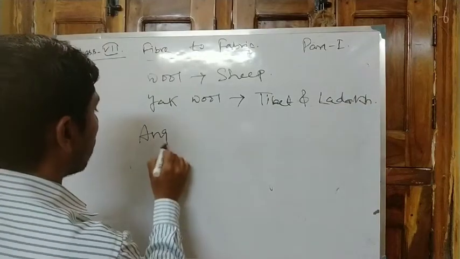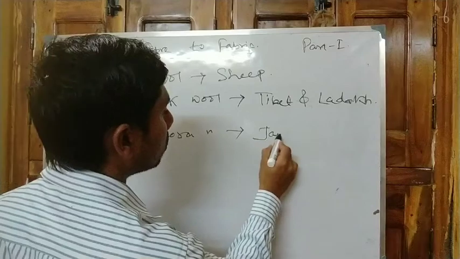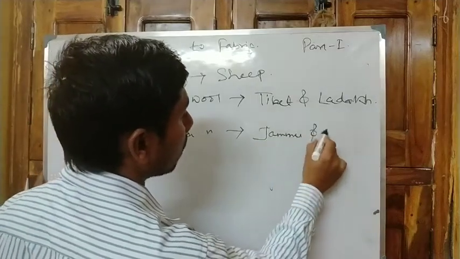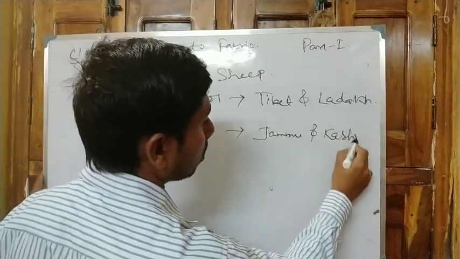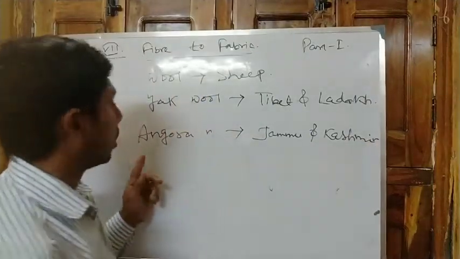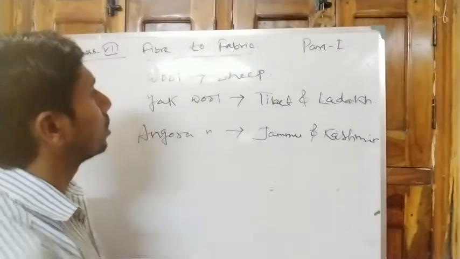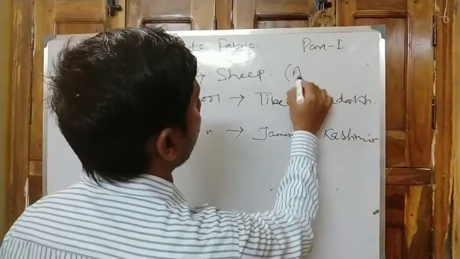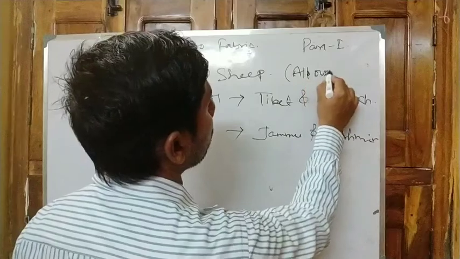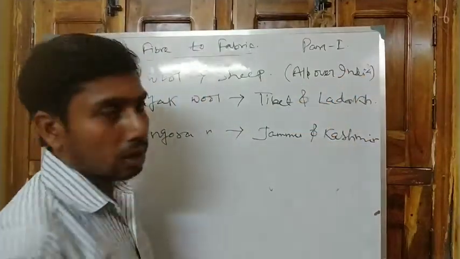Angora wool is found in Jammu and Kashmir. So Angora wool is found in Jammu and Kashmir, yak wool in Tibet and Ladakh, and general wool throughout India.